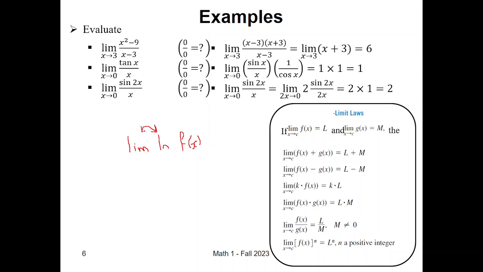Why? Because ln is a continuous function. We can say that this equals ln of the limit of f(x). We start by finding the limit of f(x) and then take the ln of the result. This is correct because ln is a continuous function. And this is similar to what we have done here. Because the power function is a continuous function, we can take the limit inside the function.